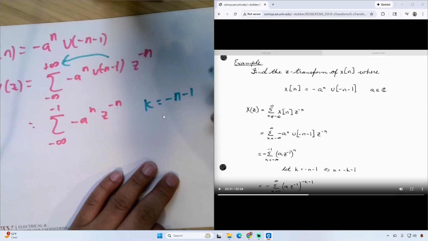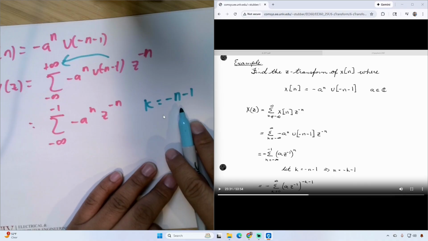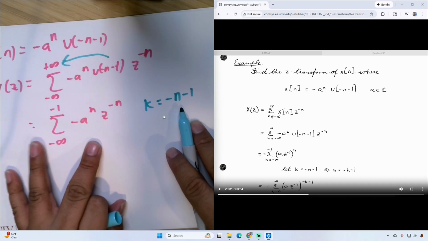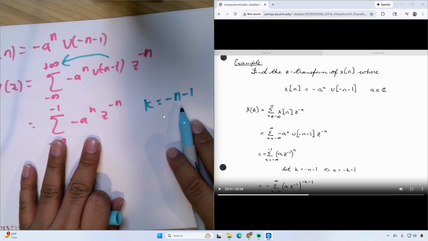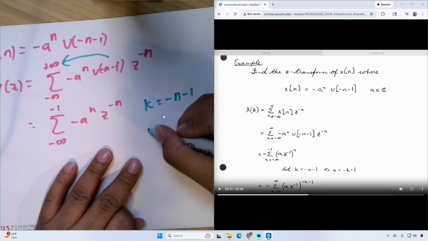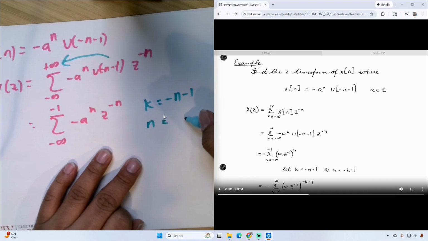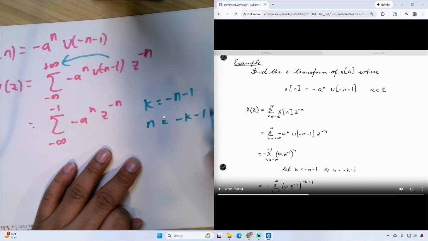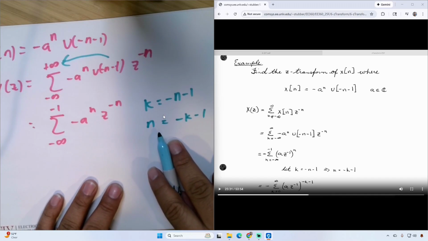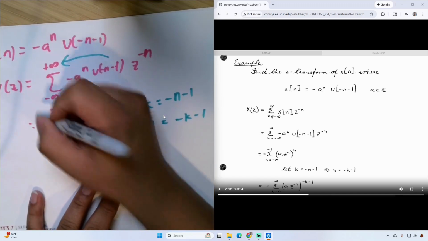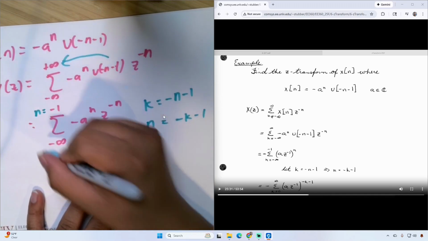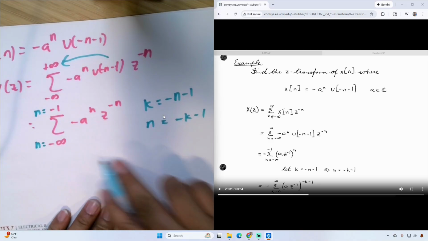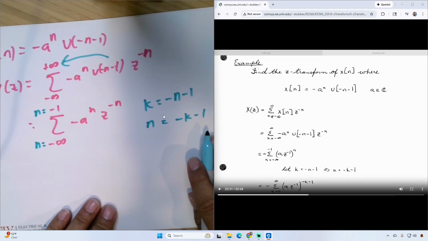The reason he wanted you to do that is so that it's going to give you minus k minus 1. So I think in those terms, n equal to minus infinity maps to the new limits.